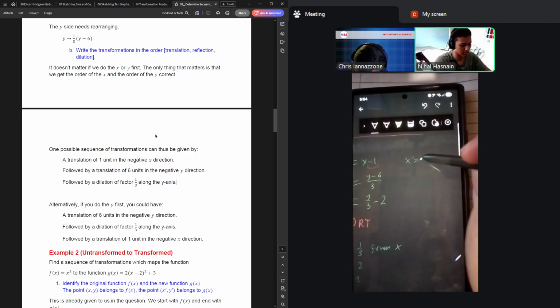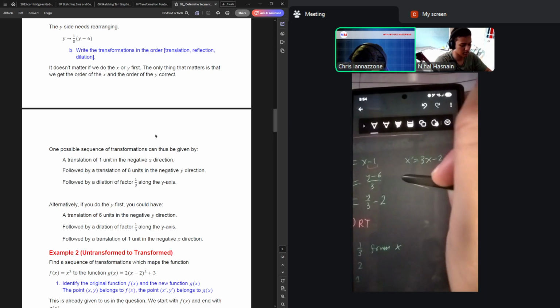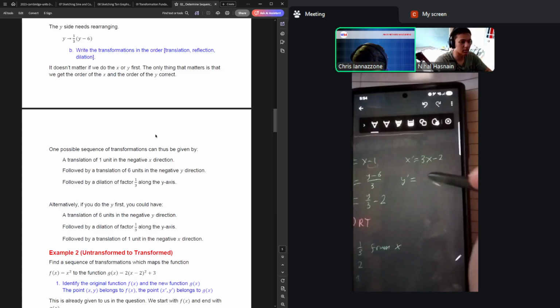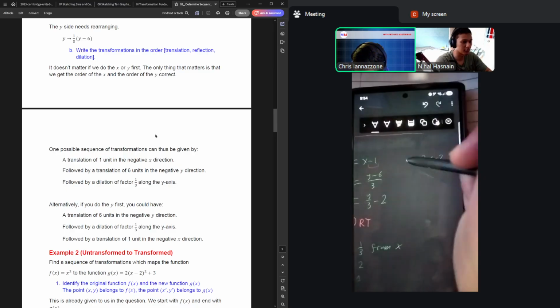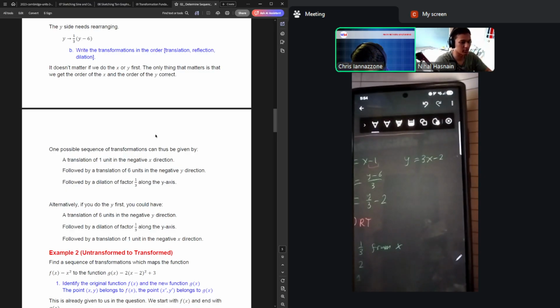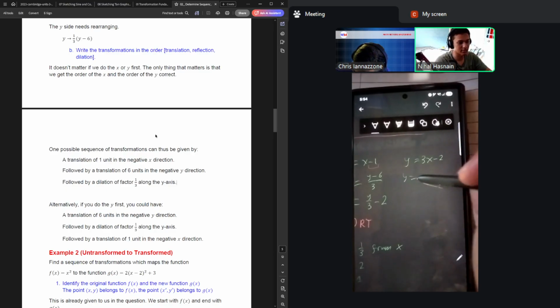So x dash is 3x minus 2 and y dash is the same as what it was? No, the equation is 3x minus 2. Oh, so to go from x to 3x minus 2, do I first translate it? Do I add a translation of minus 2 first, like x minus 2, then followed by 3x?